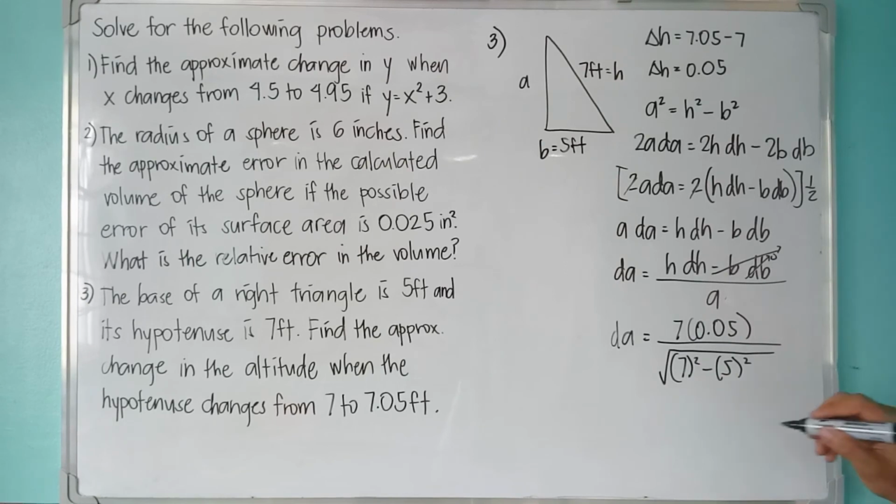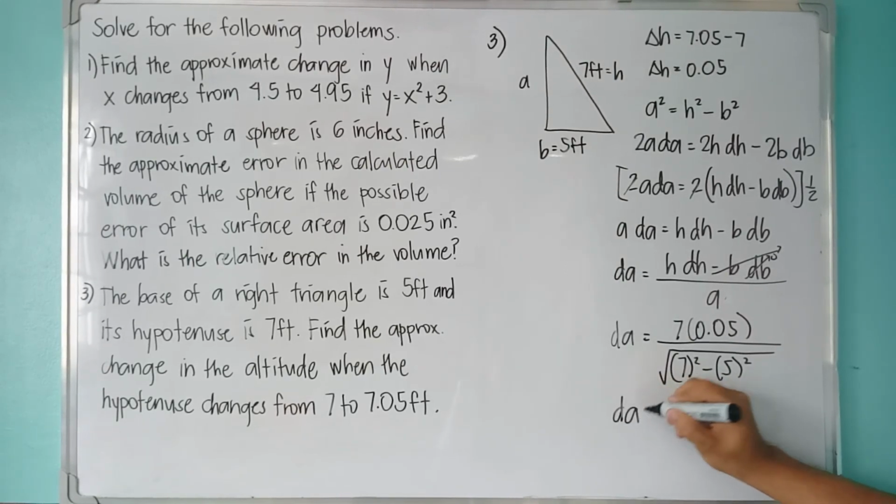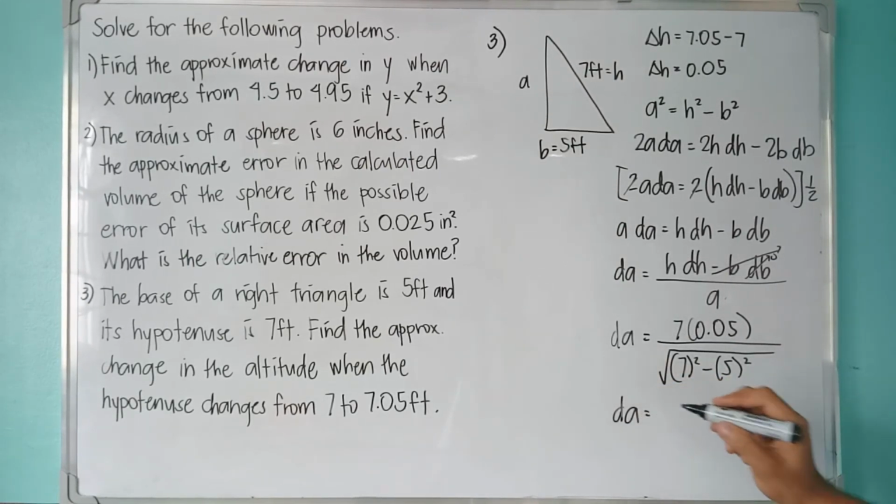So makuha natin ngayon yung change sa altitude natin or yung differential A natin. Ii-calculator natin, that's 7 times 0.05 divided by square root ng 7 squared minus 5 squared. So ang lalabas na answer guys is 0.07144.